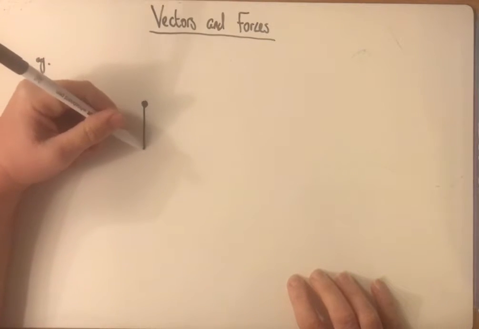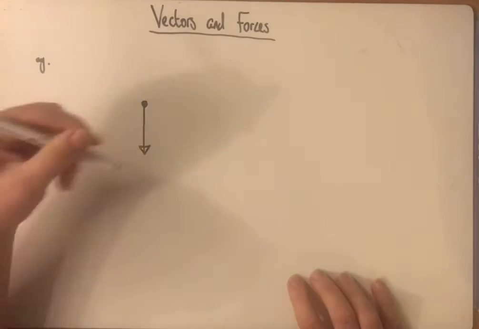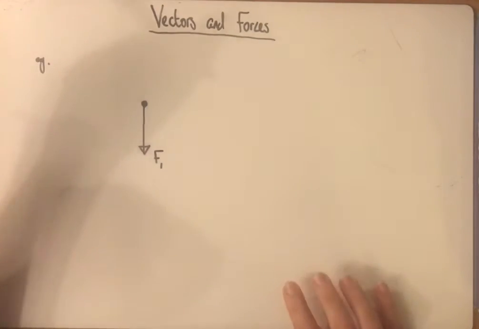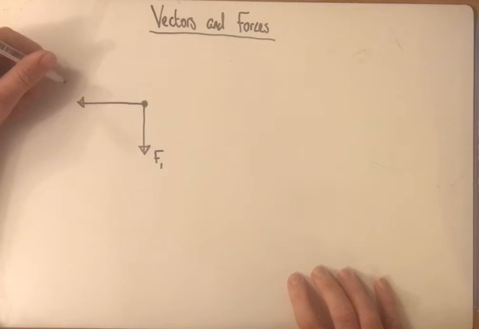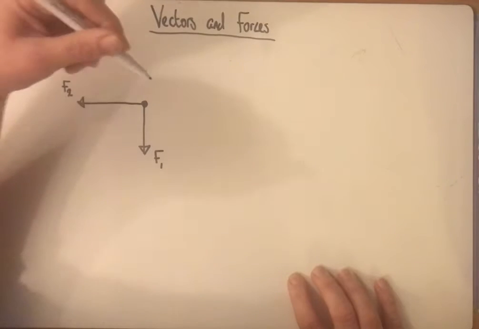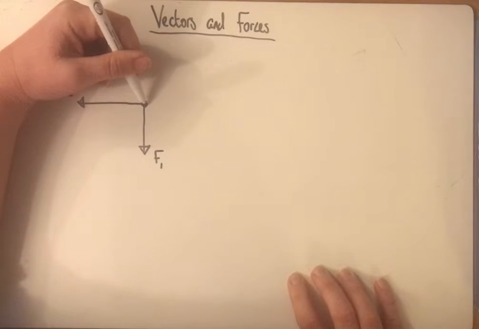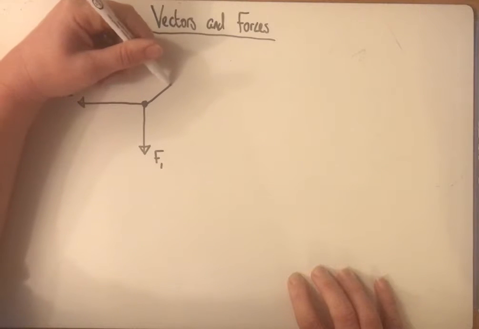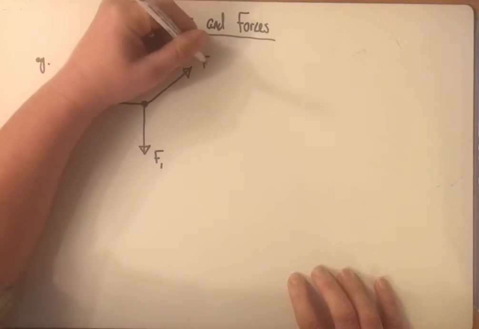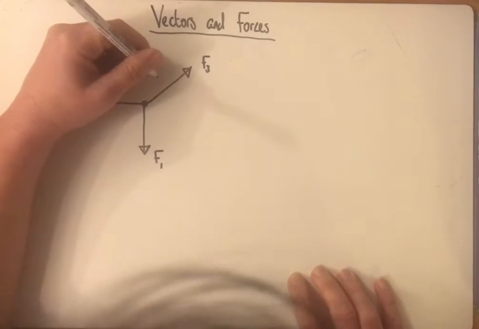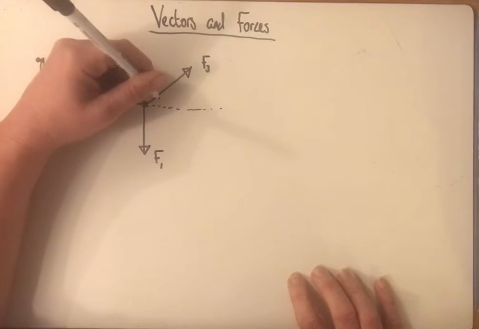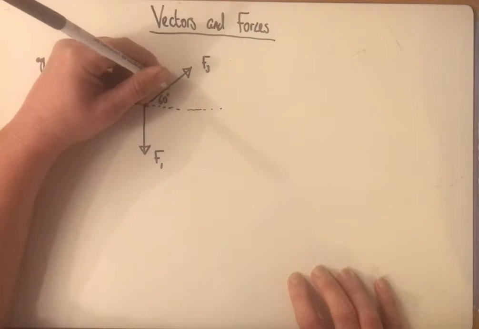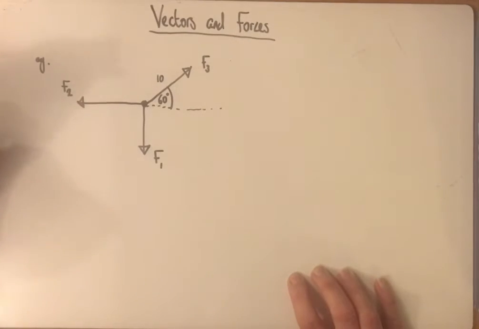And we've got F1, F2, and F3. So F3 has magnitude 10 and is making an angle of 60 degrees with that positive x direction.